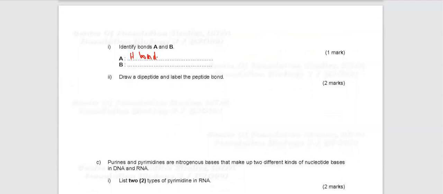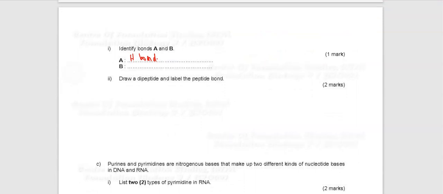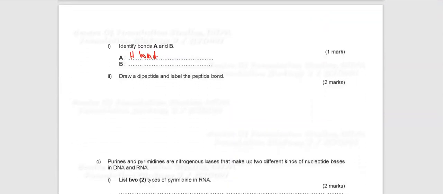Okay, so next question, draw a dipeptide and label the peptide bond. Dipeptide basically involves 2 amino acids that are linked together with a bond, the peptide bond.